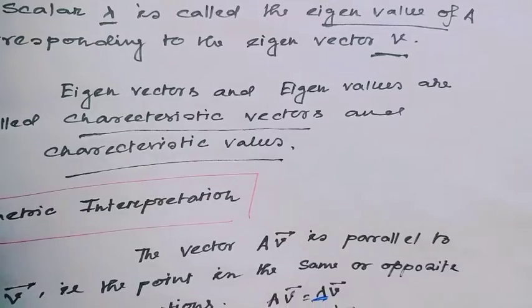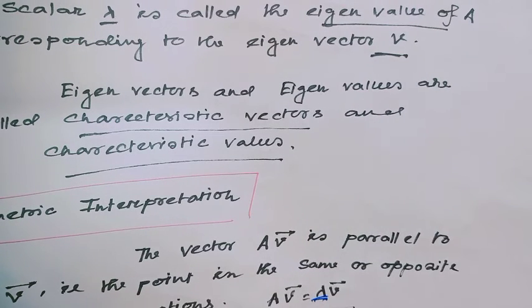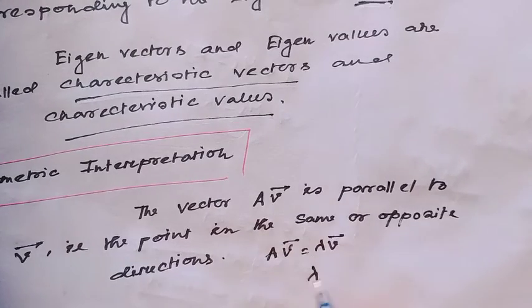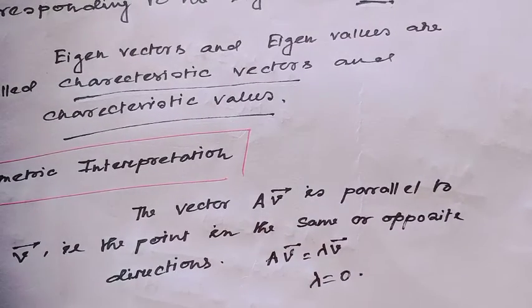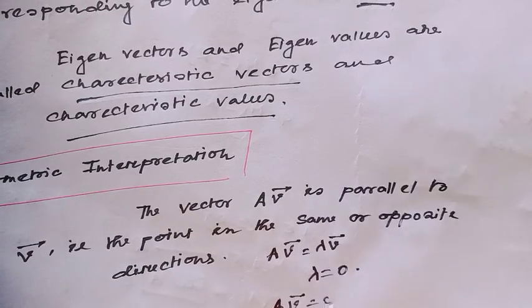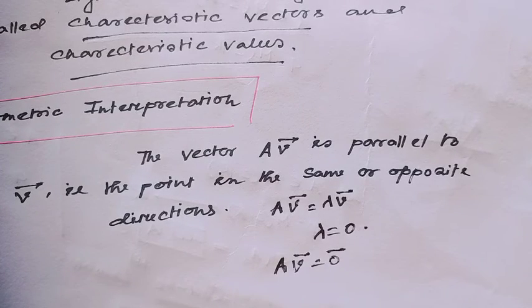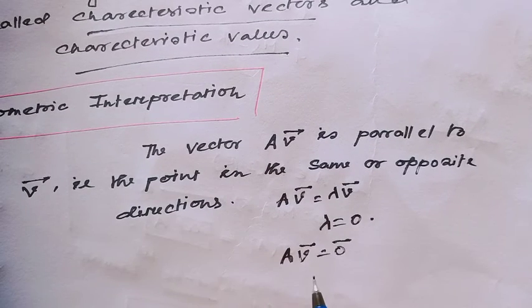And this value of lambda may be different. Lambda may be 2, 3, 5 or a complex number, and when lambda equals 0, then Av equals 0, and Av equal to the zero vector means obviously this eigenvector v is in the null space of A.